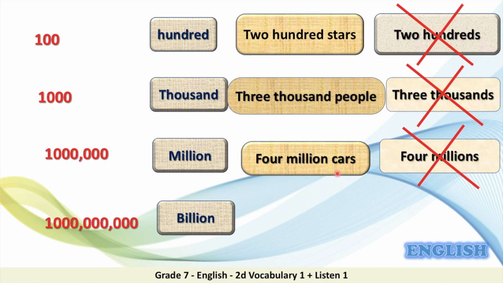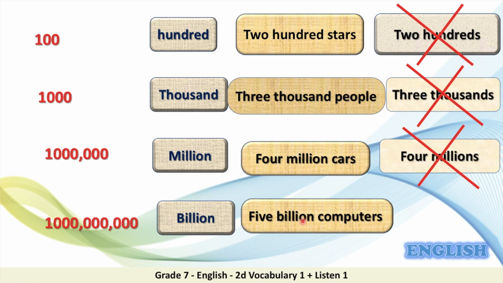Billion. 5 billion computers, not 5 billions. Okay? So this is the correct way to read numbers.